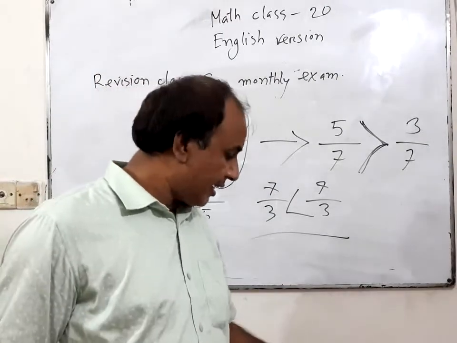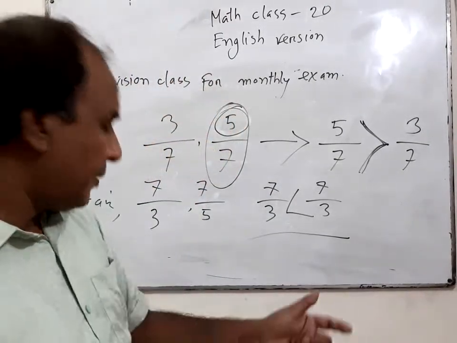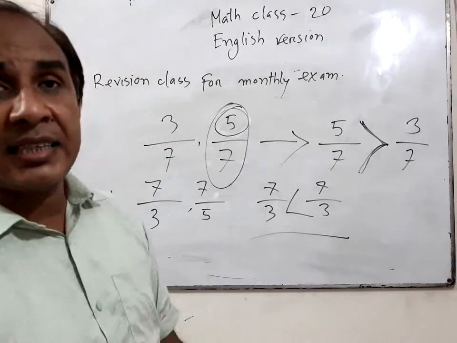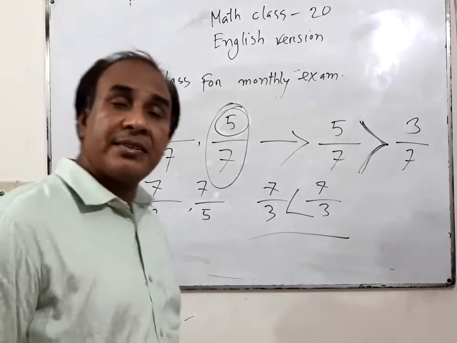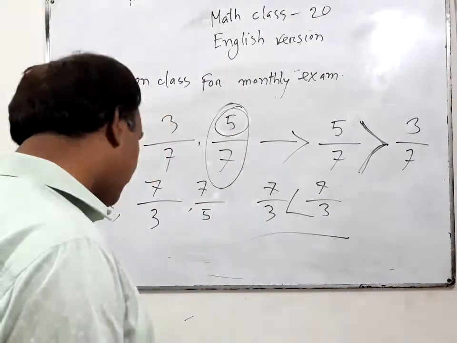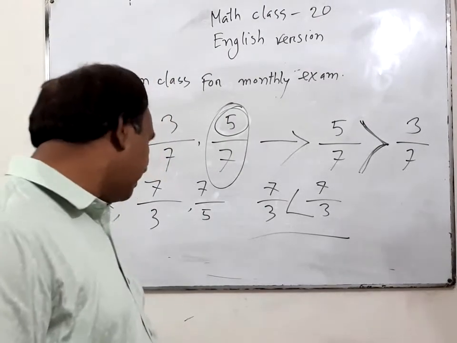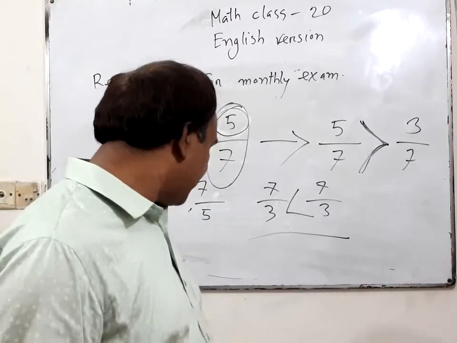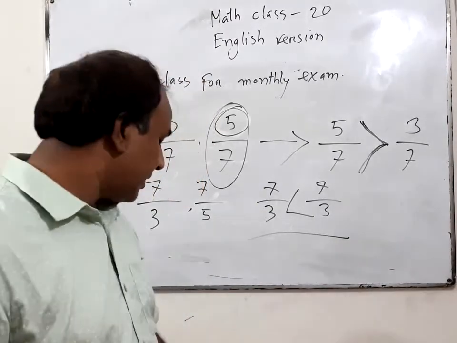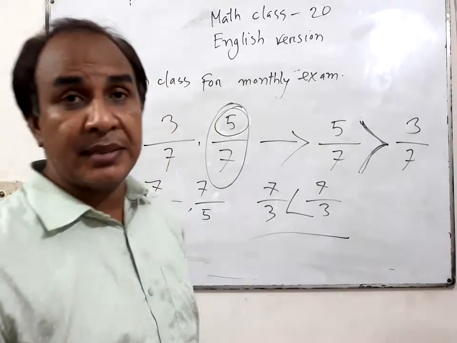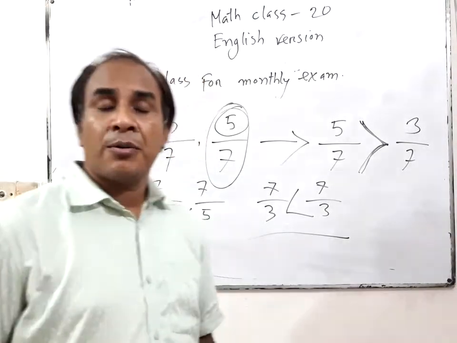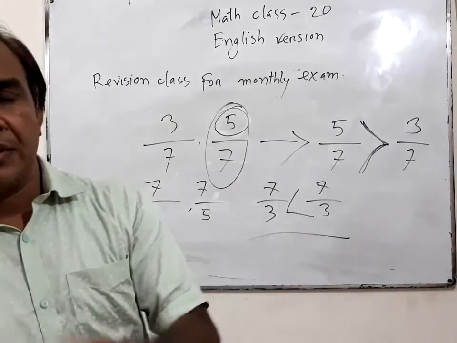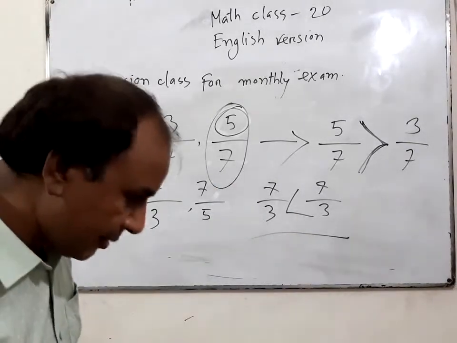If I give you a question, students can see in exercise number 1.4, definitely there is meter, number 5 and number D. If I ask you 1 meter is equal to how many centimeters, you have to write 100 centimeter.